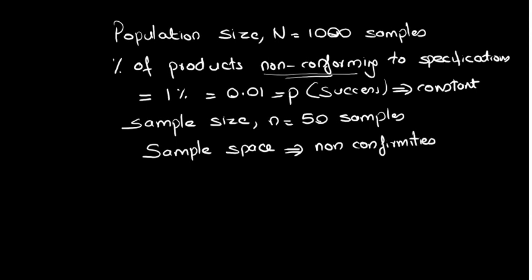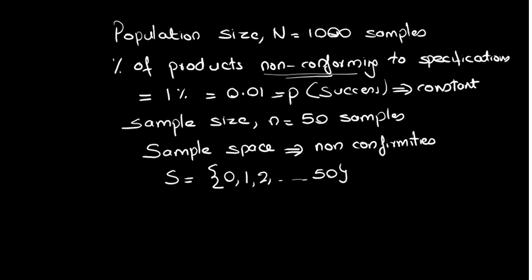For example, it can take numbers like 0. Zero means there are no non-conforming items, which means that all are conforming when you test 50 samples. 1 means there is only one non-conforming item. 2 means there are 2 non-conforming items out of 50, and so on, and the maximum is 50, which means that all the 50 are non-conforming.